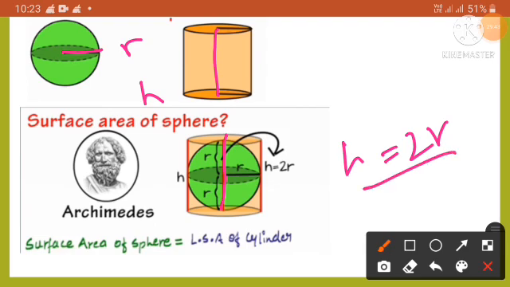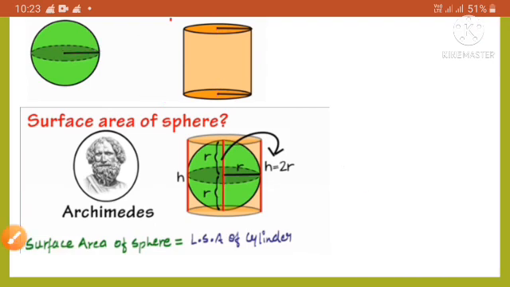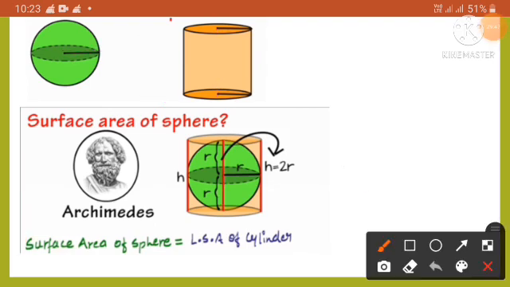Because for the sphere the diameter will be 2r, and this diameter is equal to the height of the cylinder, so we are getting h is equal to 2r.